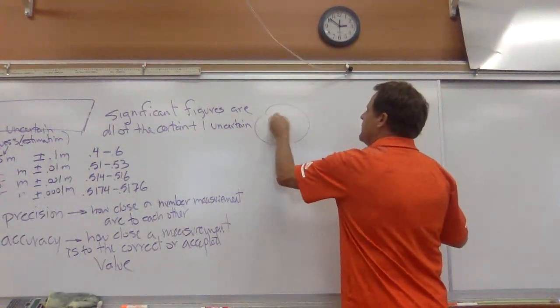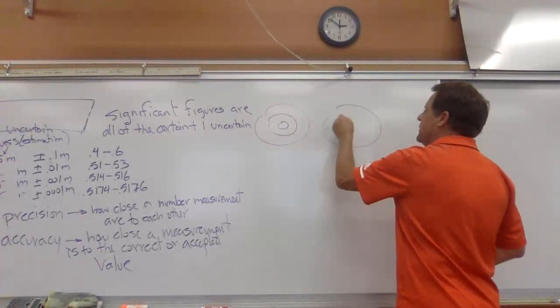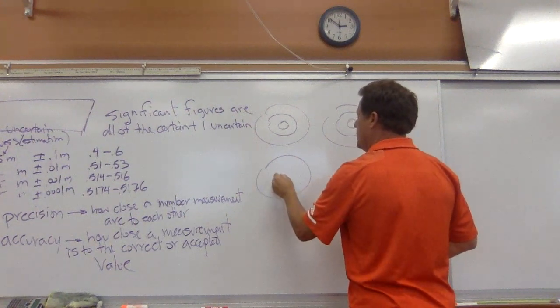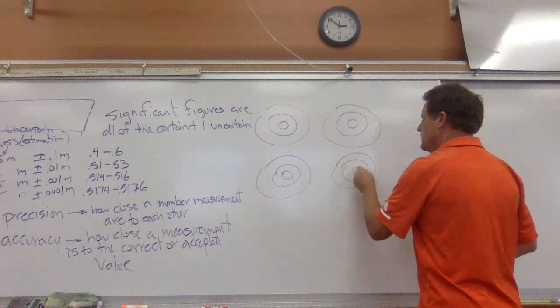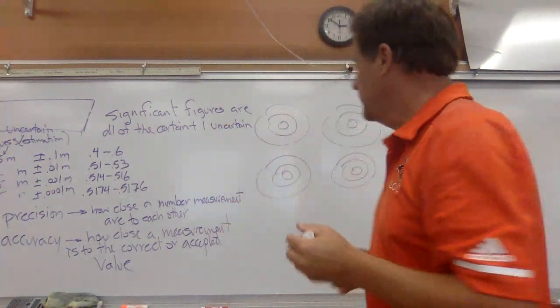Okay, so if we had a bunch of darts and we end up here with 4 targets, we'll just assume that they're the same, and we're going to throw 3 darts.